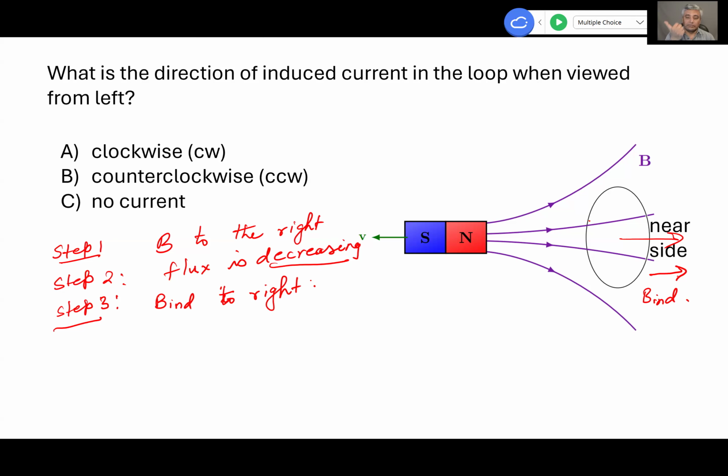You start with thumb to the right and then curl your fingers with palm up, right? Otherwise, if you were to curl down, this thumb is not going to point that way. So the thumb has to be pointing this way, and now it's going to curl that way, means that is clockwise, okay?